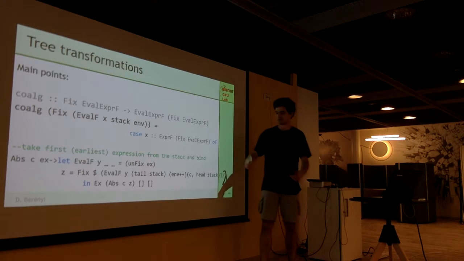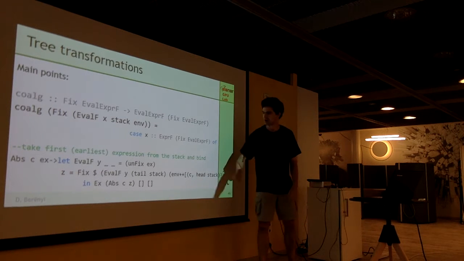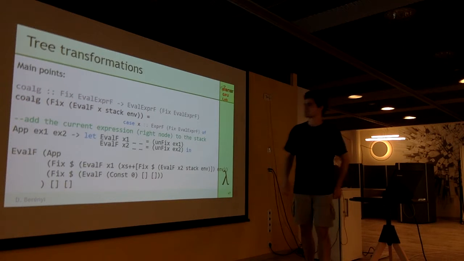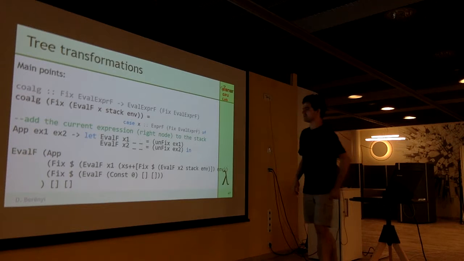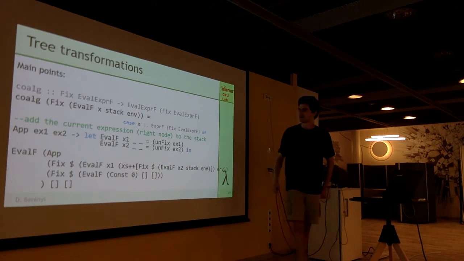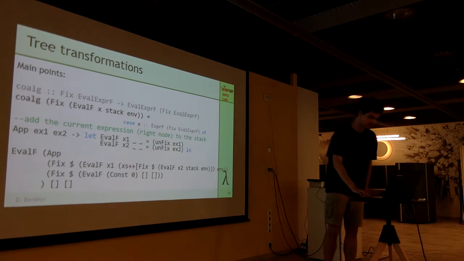So the deeper nodes will see the bound expression. In the opposite case, when we have an application, we push this node to the stack, and it will be used in the underlying nodes.